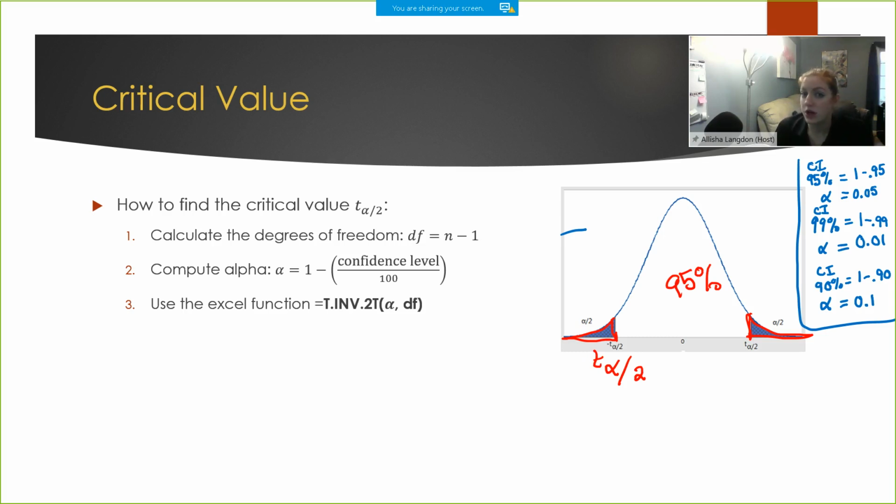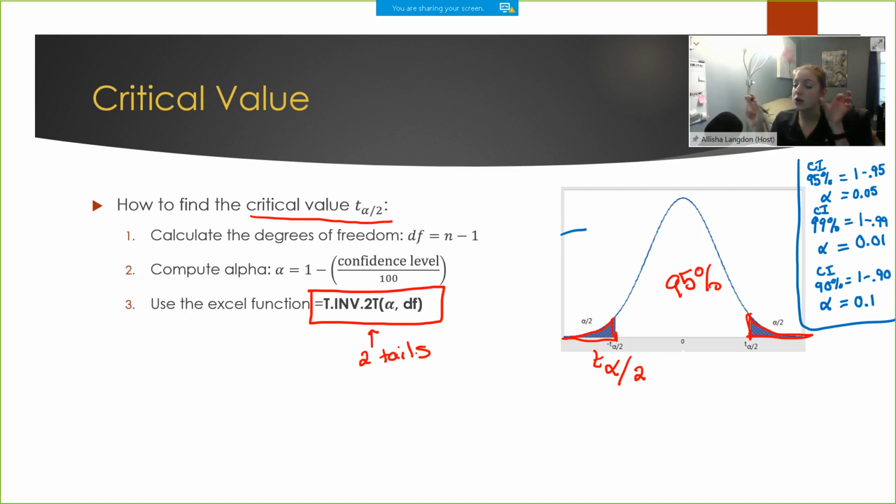All you will have to know is that to find the critical value, T of alpha over 2, you need to use the function T.INV. That inverse function gives you the T value. But you need to use the specific .2T, which says there are 2 tails because your margin of error could lie on either side of that confidence interval.